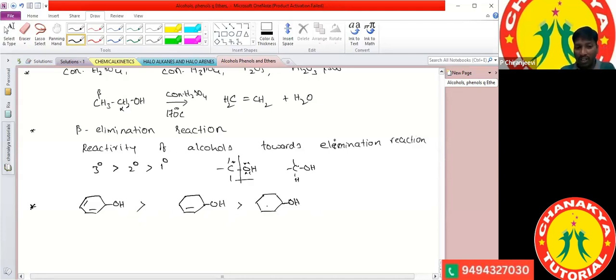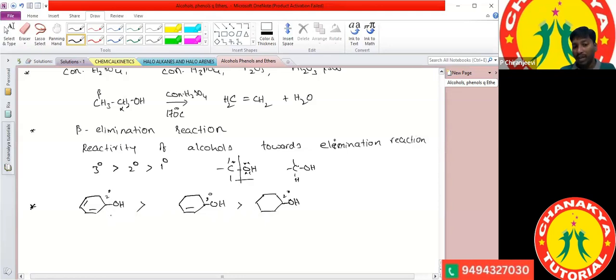If you see all these cases, in all of them you have secondary alcohols only. In that also, the first one is more reactive, because greater the conjugation means electron density increases. At that time the bond is easily cleaved.